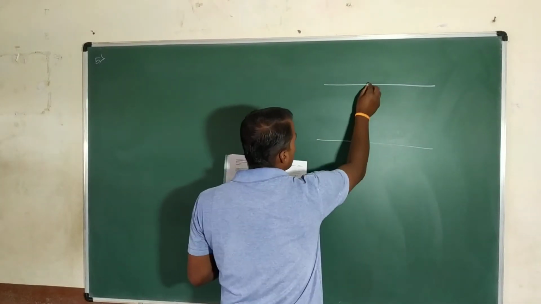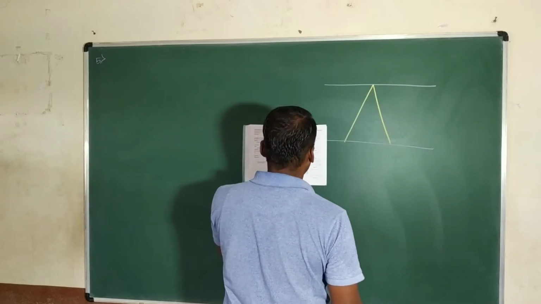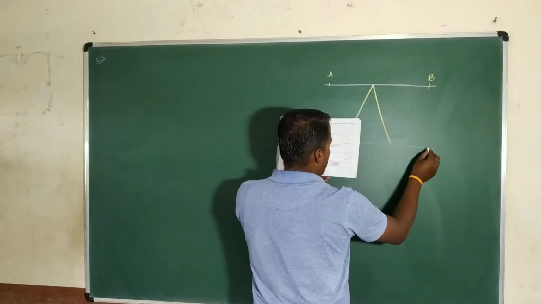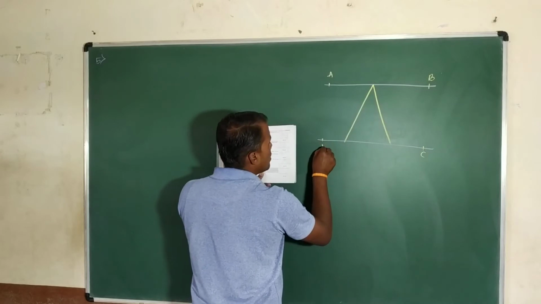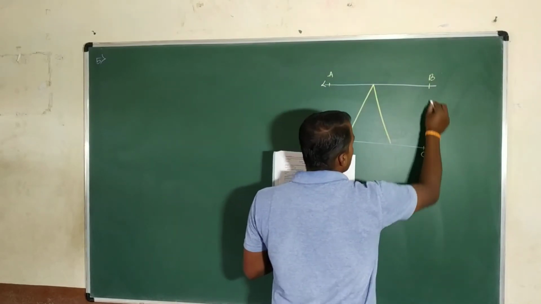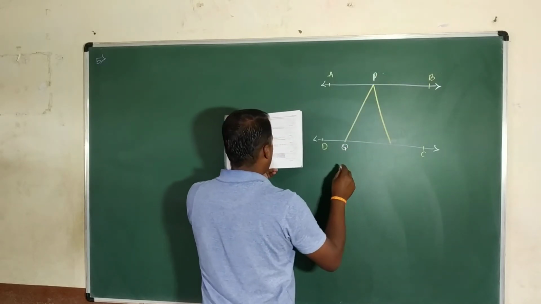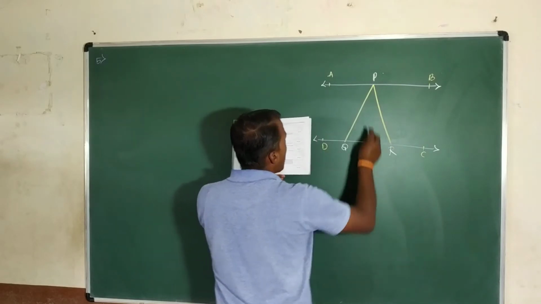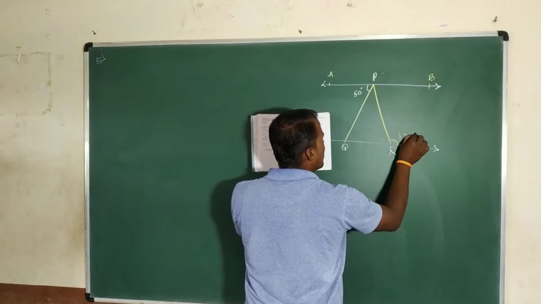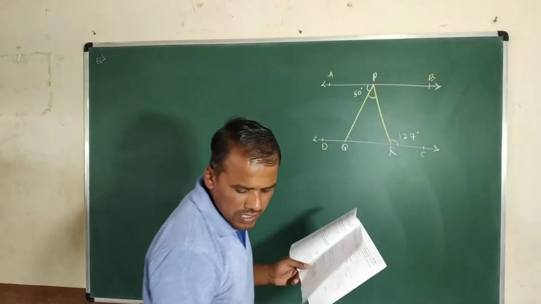Points A, B, D, C. There are so many points, P, Q, R. Angle PQR is 50 degrees, and this angle is 127 degrees. Now this one is X and this one is Y. We have to find X and Y.